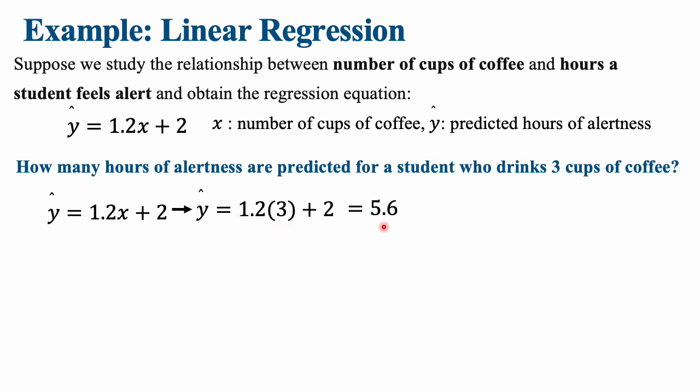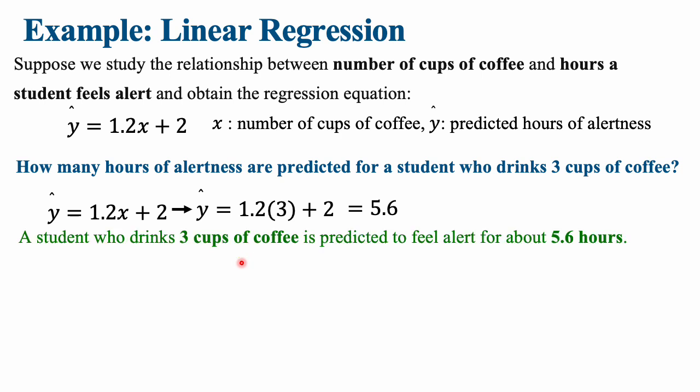That's 5.6. What does that mean? A student who drinks 3 cups of coffee is predicted to feel alert for about 5.6 hours.